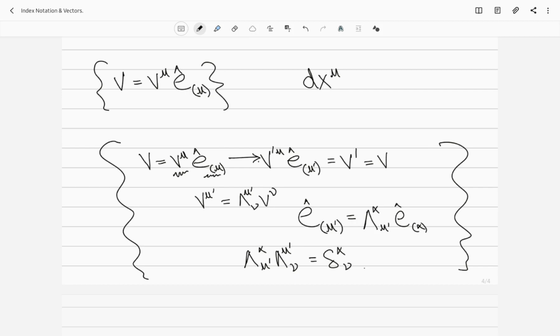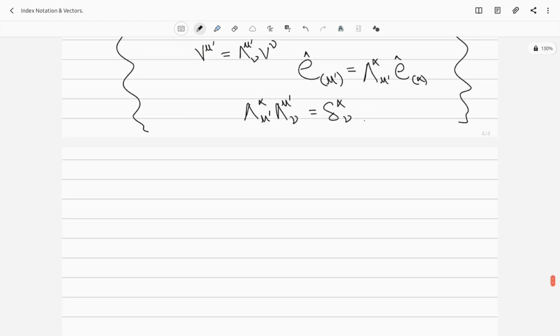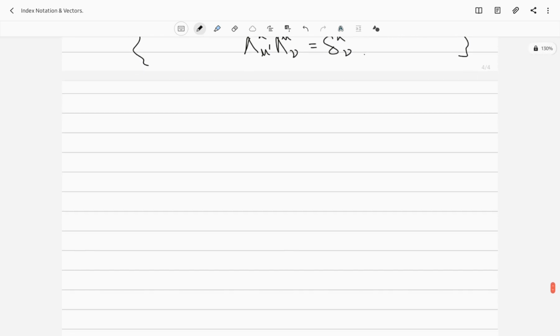Now let's see how all of this plays out in a familiar example. Shall we? I mean, you don't have a choice, of course. So let's consider a vector v and its description in these two coordinate systems. One we have x, y, and the other one is rotated in this way, where you have y prime over here and x prime over here.